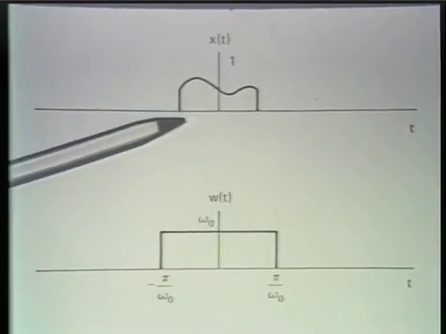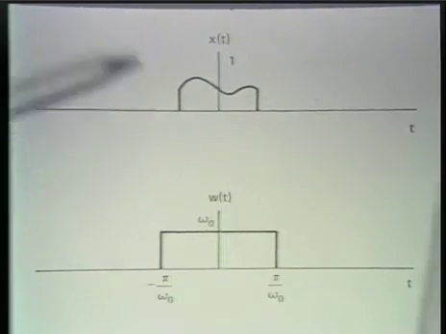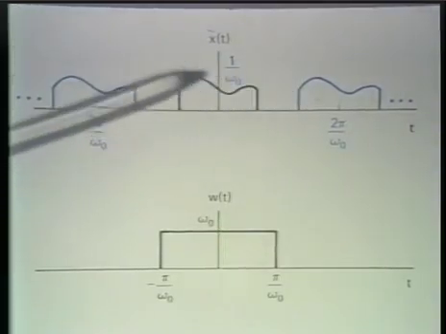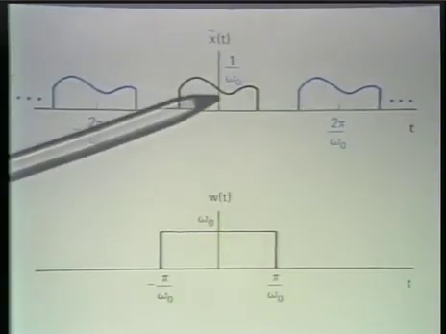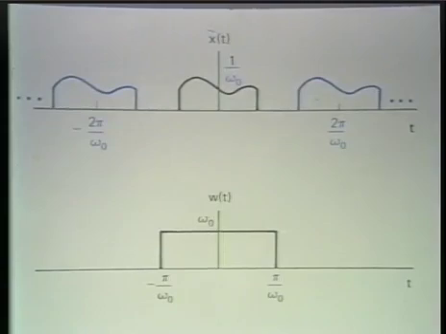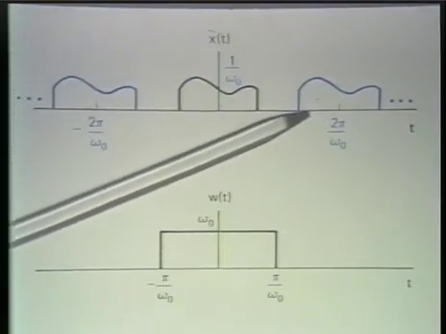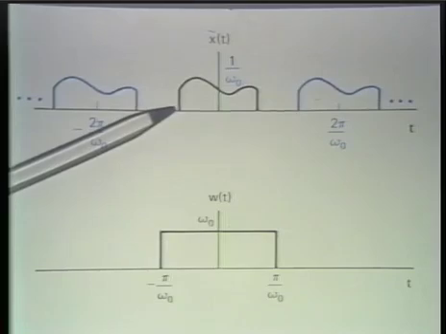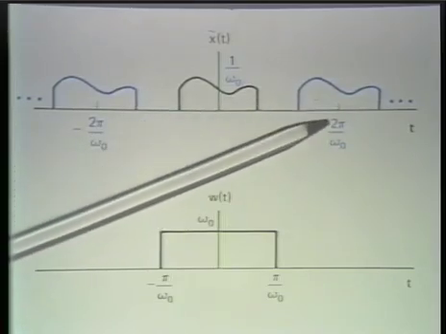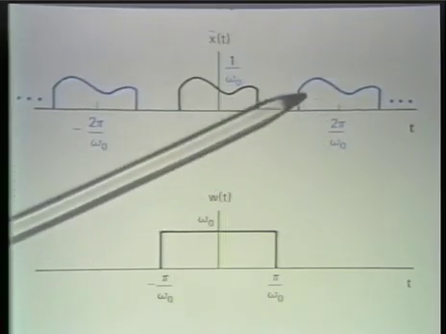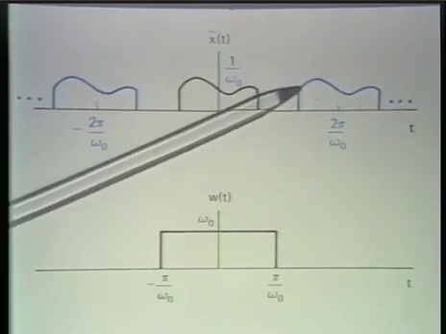Now, also, let's keep in mind, going back to this spectrum and this time function and the relationship between them, that again there is the potential, if this time function is too long in relation to 2 pi divided by omega 0, for these to overlap.